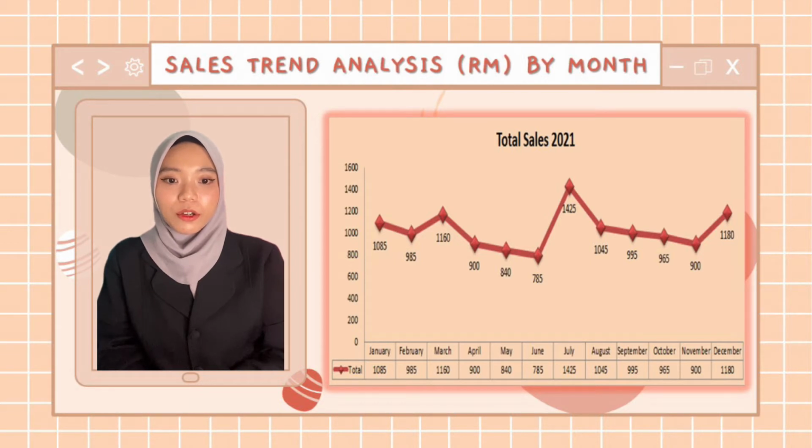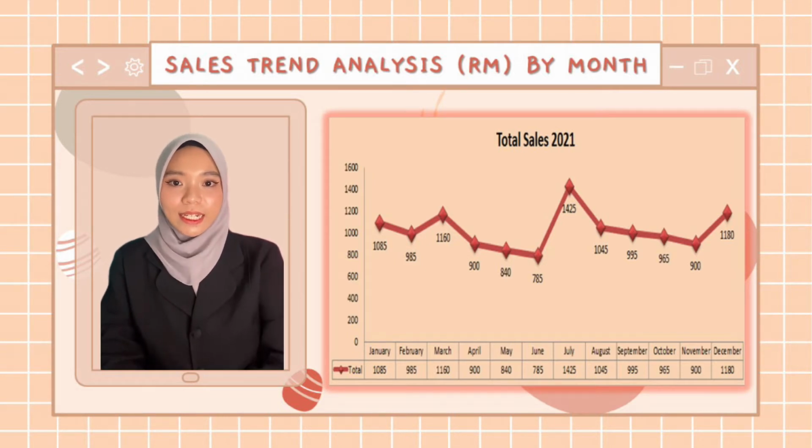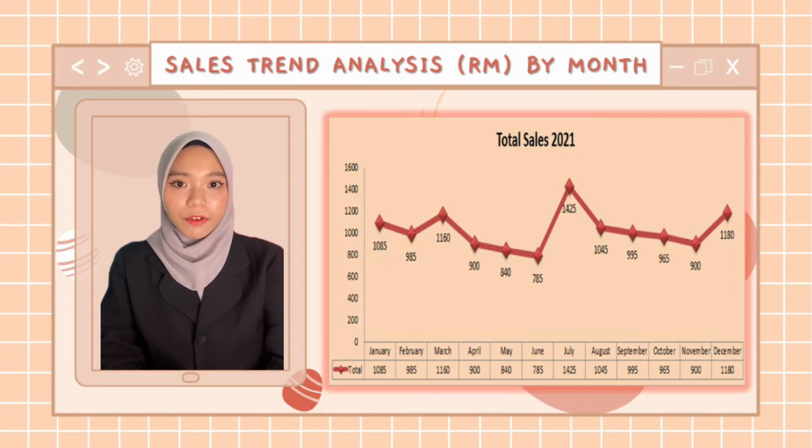It is because of the rising and falling customer demand due to certain seasons such as the festive season. Next, in April, May and June, the number of sales is declining drastically due to the implementation of MCO 2.0, starting in May and resulting in June the number of sales declining to 785 ringgit and making it the lowest sales in the year 2021.